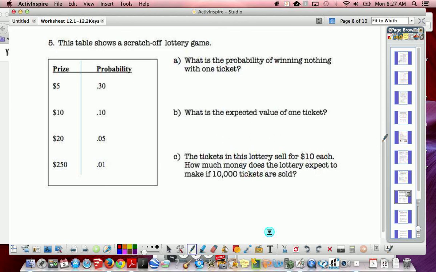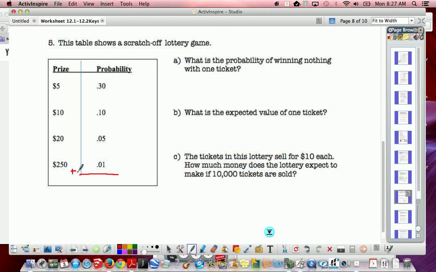Number 5, the lottery one. It says the table shows a scratch-off lottery game. Part A asks, what is the probability of winning nothing? If you look at your ticket, you have $5 at 30%, $10 at 10%, $20 at 5%, $250 at 1%.